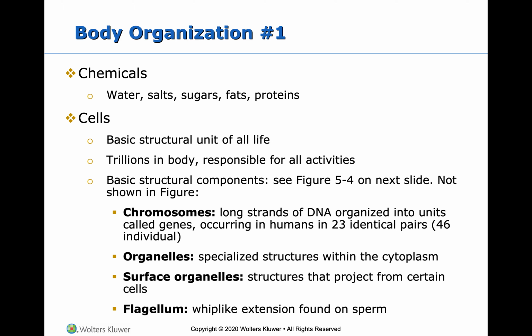One of those components is the chromosomes, which are long strands of DNA organized into units called genes. Just know that they're basically the cell's DNA. Organelles are specialized structures within the cytoplasm. Surface organelles are structures that project from certain cells. Flagellum is a whip-like extension found on sperm. It helps it swim to its destination.